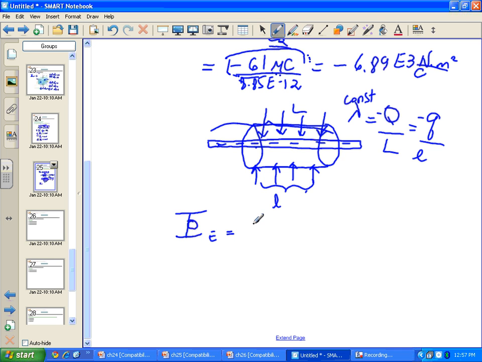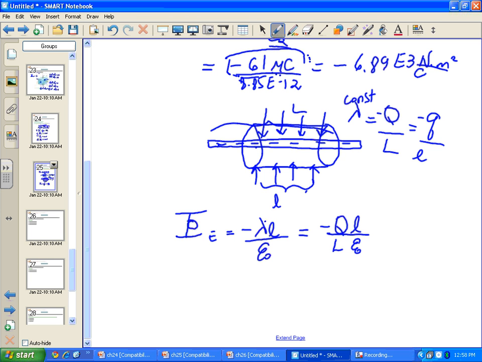Well, we know Q is going to be equal to, we can write it this way, minus lambda times l divided by epsilon naught, or if we happen to know the total charge and the total length, we could write minus Q, where the minus just indicates that the charge on the line is negative, little l over big L times epsilon naught.